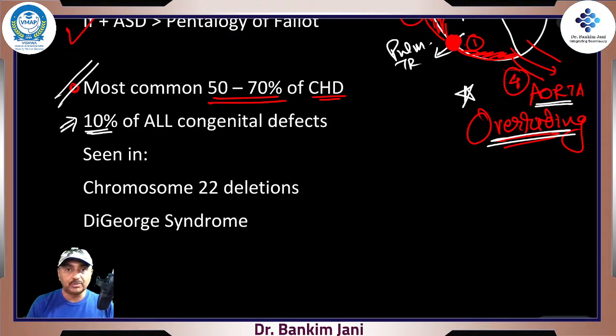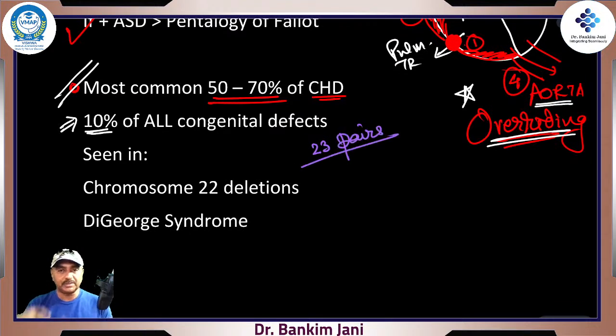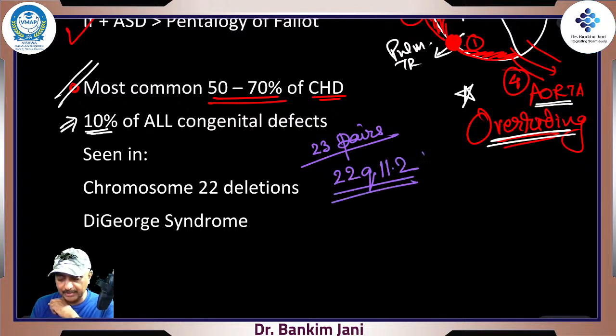We know there are 23 pairs of chromosomes. These chromosomes are like codes for which protein will be synthesized and what it will do. Out of all of them, this is 22q11.2. Do remember this.